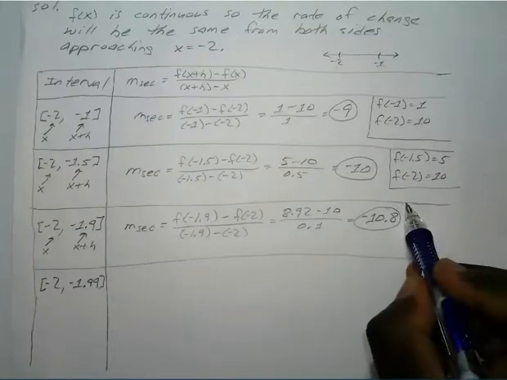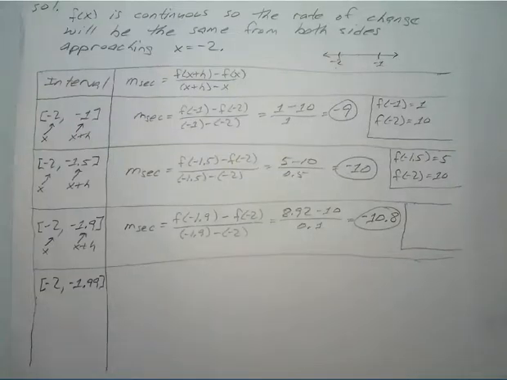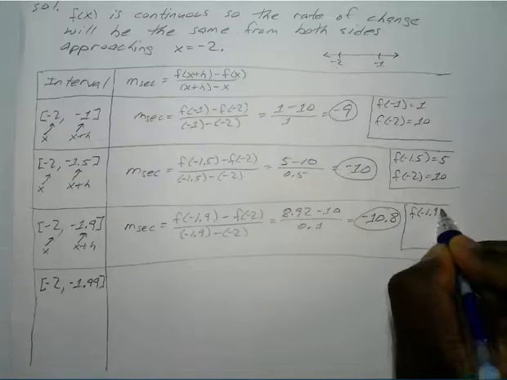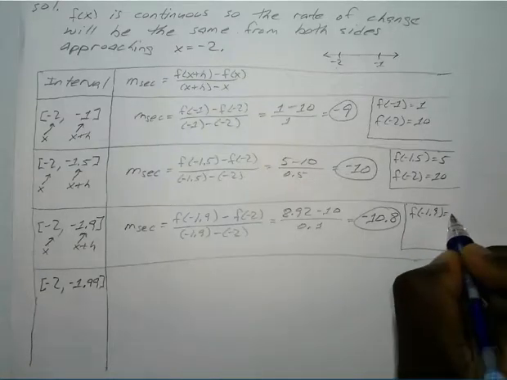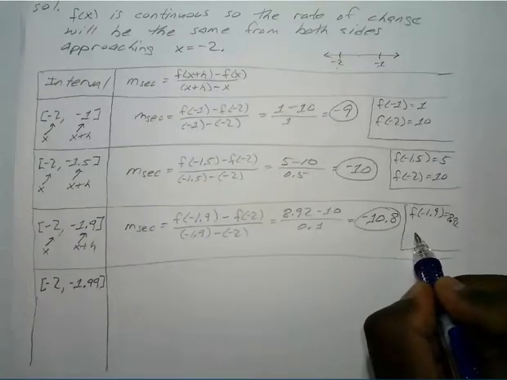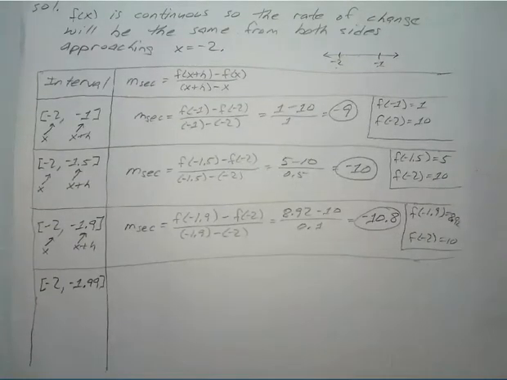Alright, and just for the sake of it, we're going to go ahead and put out that our f of negative 1.9 is 8.92. And of course our f of negative 2 is equal to 10 because we already figured that out a couple times ahead.